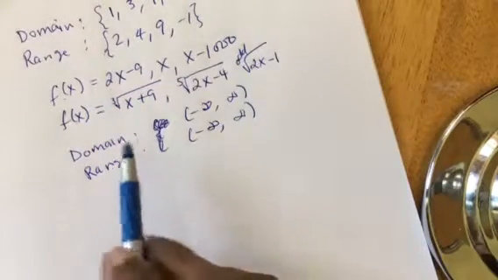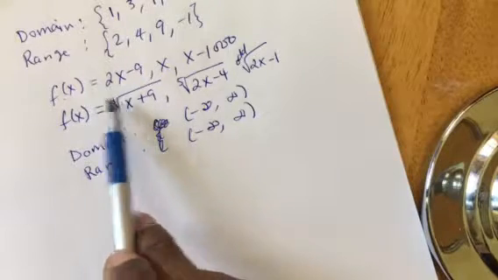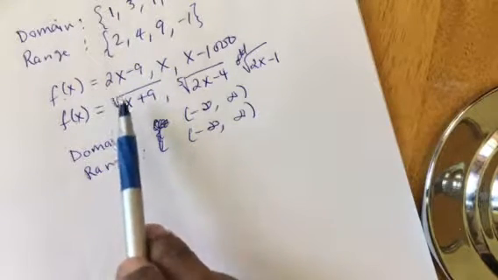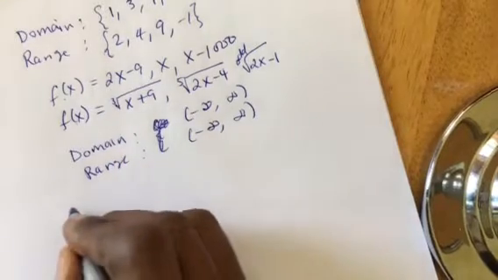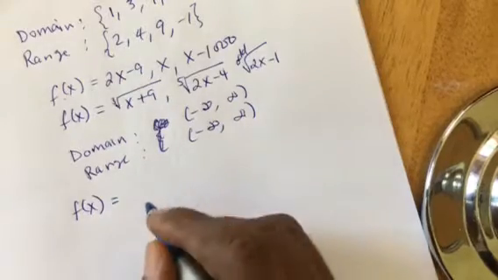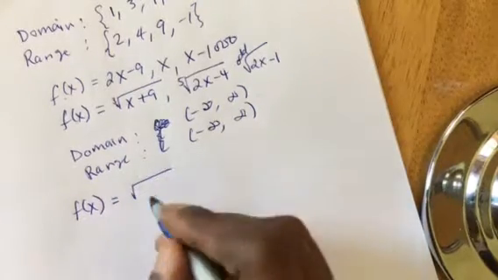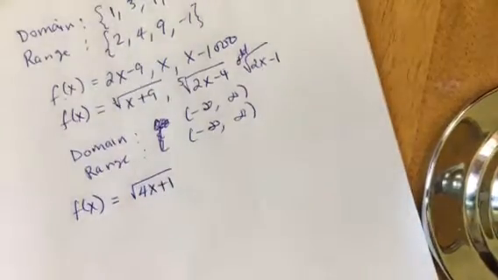If you have other functions other than these two, then we take a different approach. So let's say the function was f of x equals, let's say, square root of 4x plus 1 or something like this.